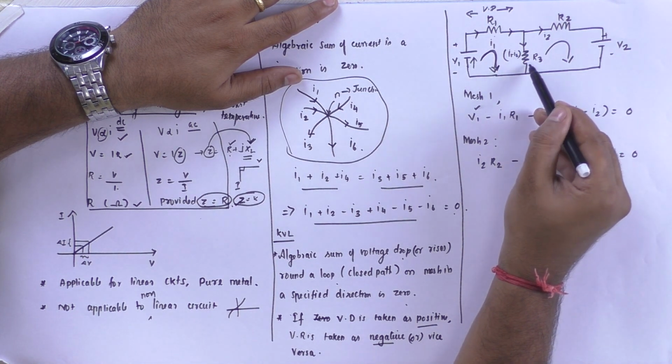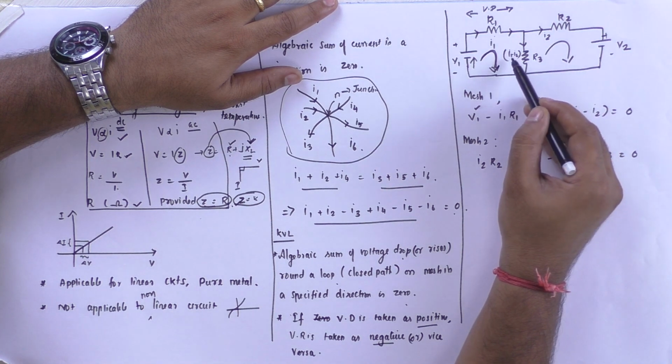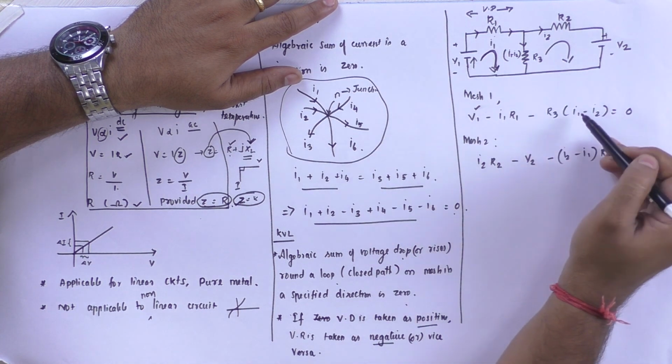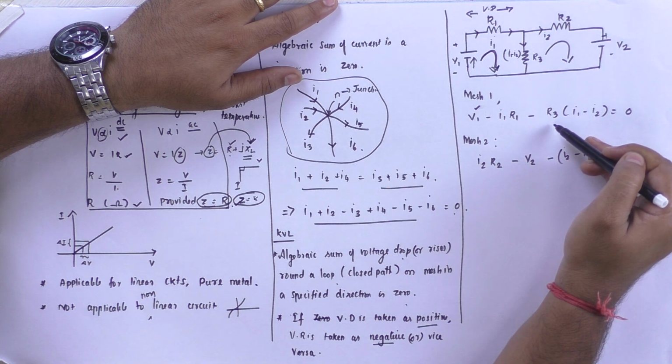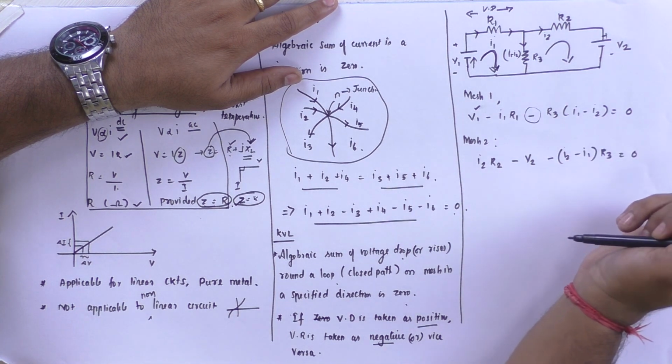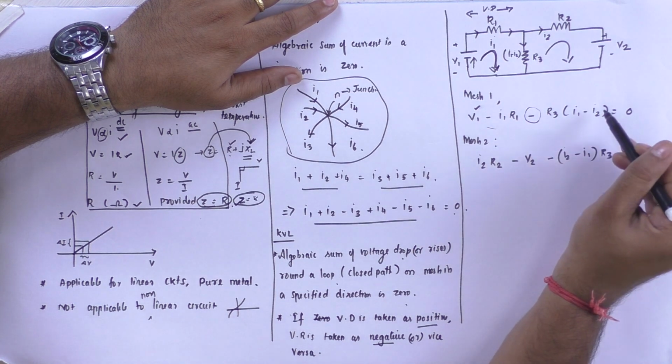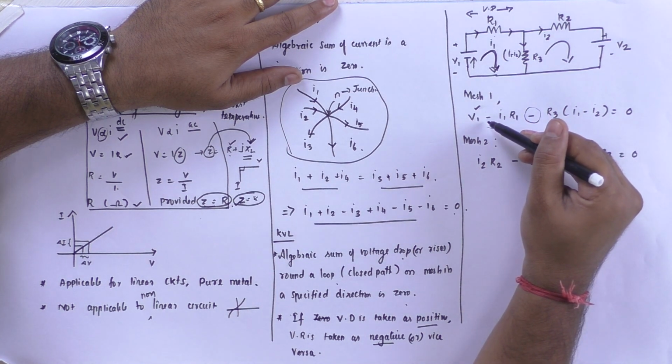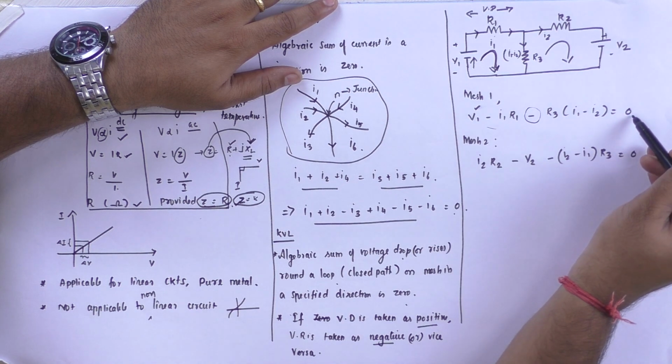So the equation is written such that both currents pass through, with I1 dominating. So (I1 minus I2) into R3 gives the voltage drop across the resistor, and it is denoted with a negative sign. So the algebraic sum of the voltage drops, either rise or fall in voltage, is given as 0. That is the validity of Kirchhoff's voltage law statement.